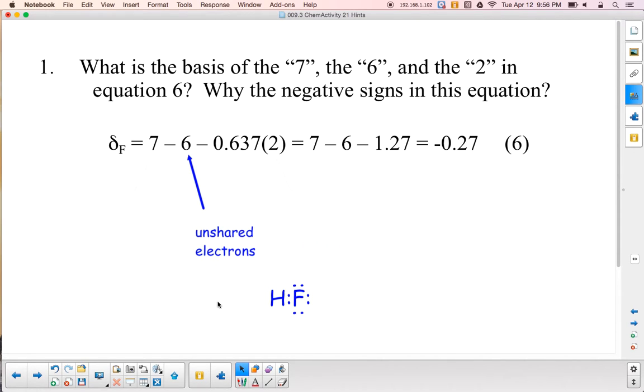6 represents the number of unshared electrons on fluoride, and 2 represents the number of shared electrons in the hydrogen fluoride molecule.